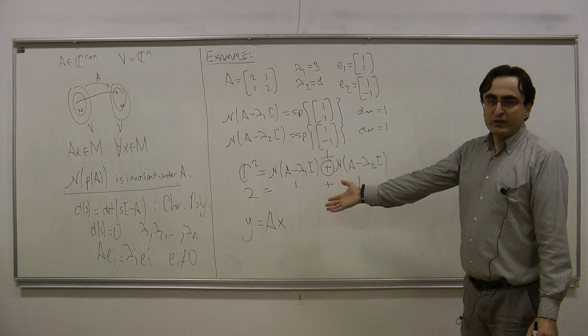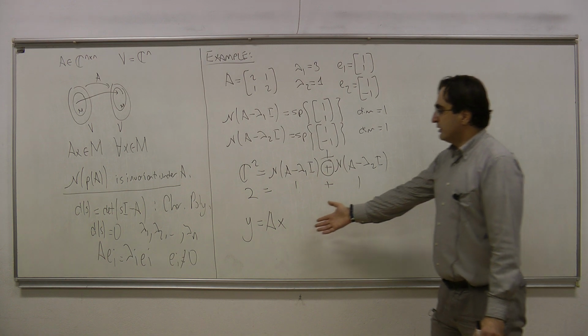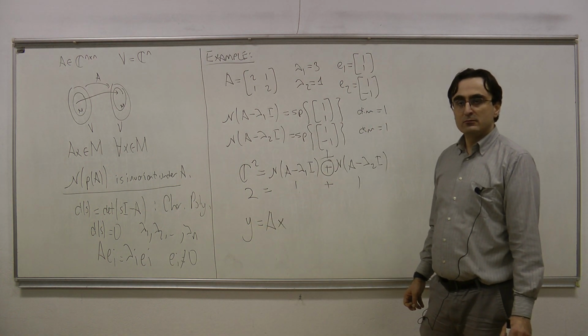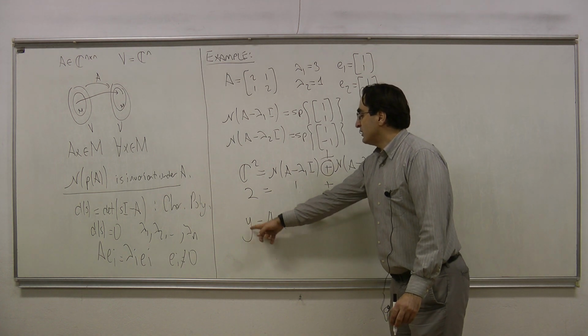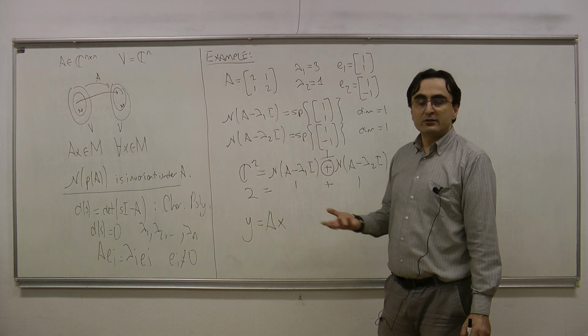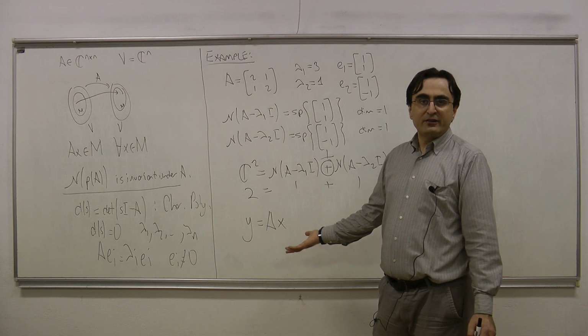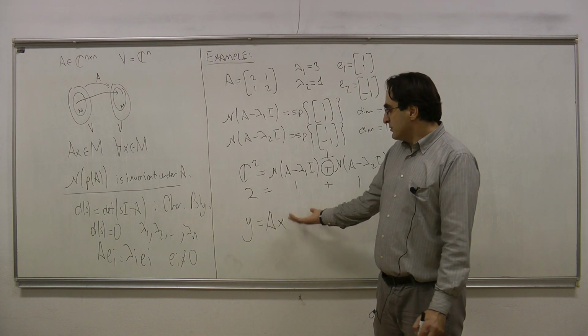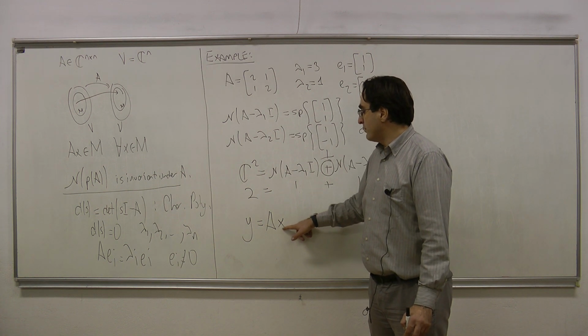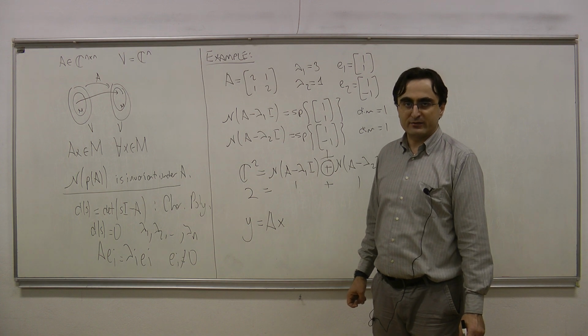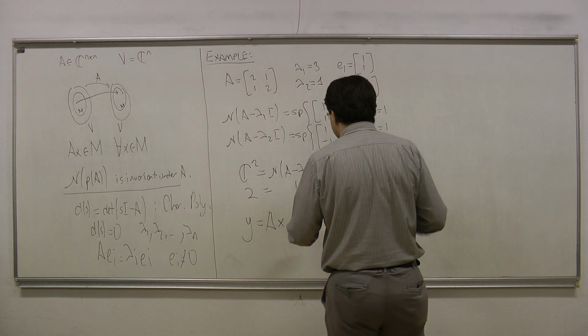So when you have such an equation, X is in the domain and Y is in the codomain. Okay? And what are the basis sets for the domain and the codomain? In this equation, I don't really see any basis set. Okay? That means that in the domain and the codomain, we are using the so-called canonical basis sets. Okay? What does that mean?